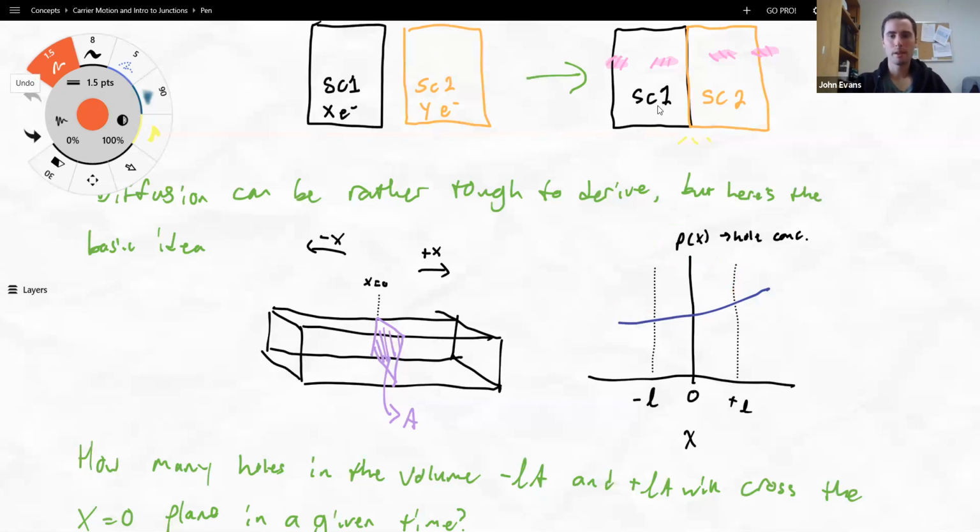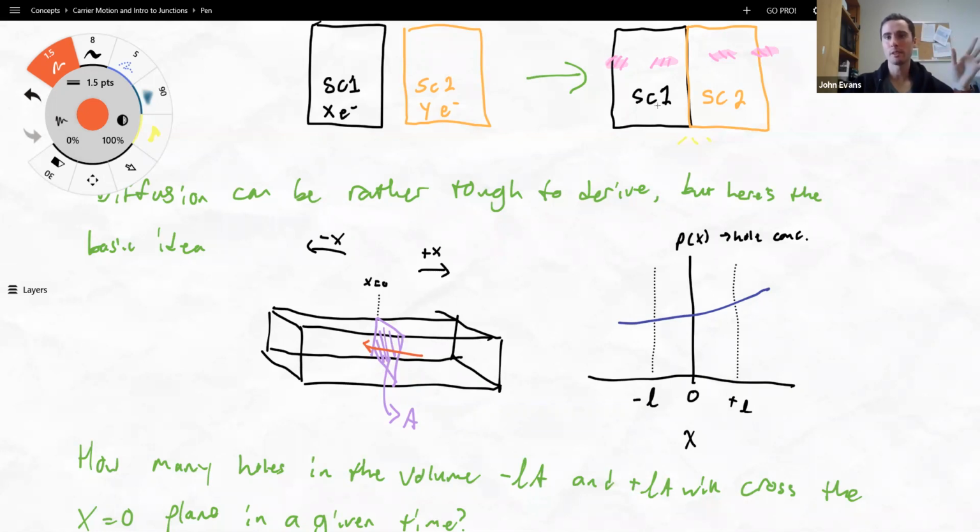And if I look at my semiconductor here, and I imagine that there's this plane A in the middle, I want to know how many of my carriers are going to pass through this region in a given amount of time.